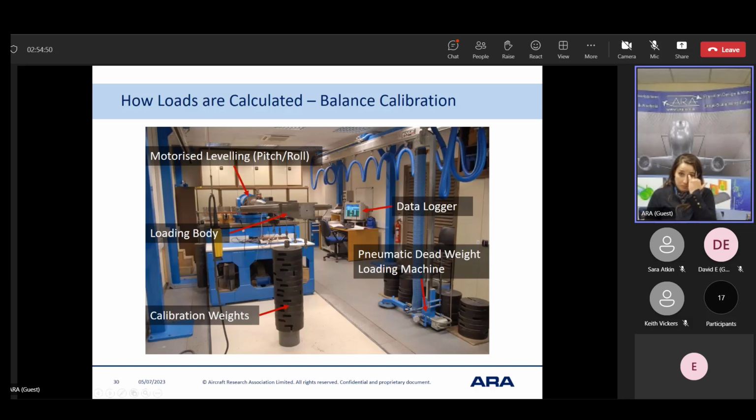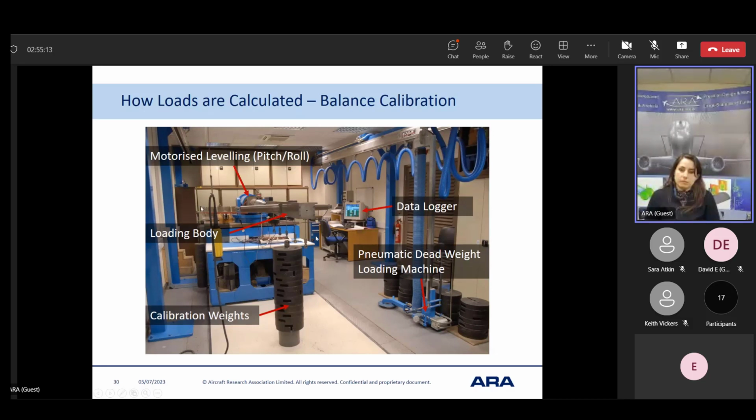On the far right you can see the data logger, which is used to record all the balance channels during the calibration. And on the right hand side you can see a dead weight loading machine, which is a pneumatic device used to put weights on and off the balance, which prevents strain injuries to the people doing the work.